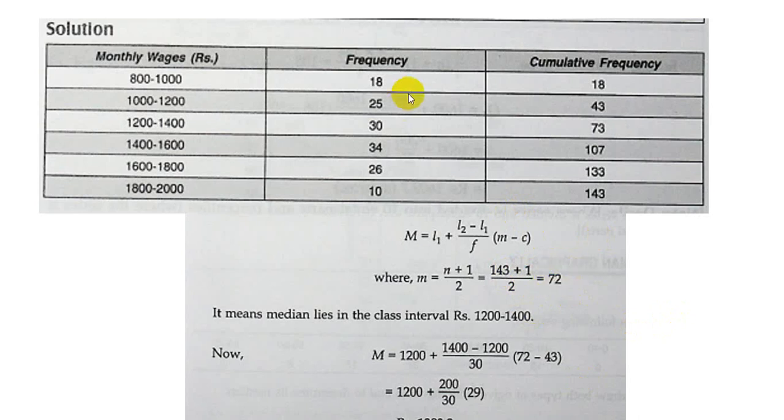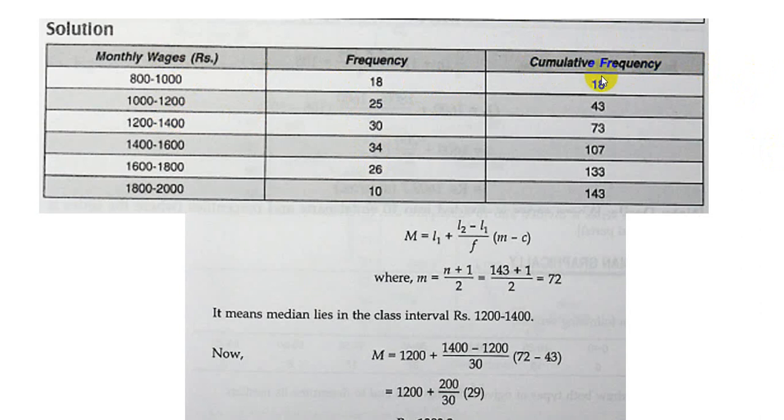For finding the median, one important task is to find the cumulative frequency. As the monthly wages and frequencies are given, the next task is to find the cumulative frequency.